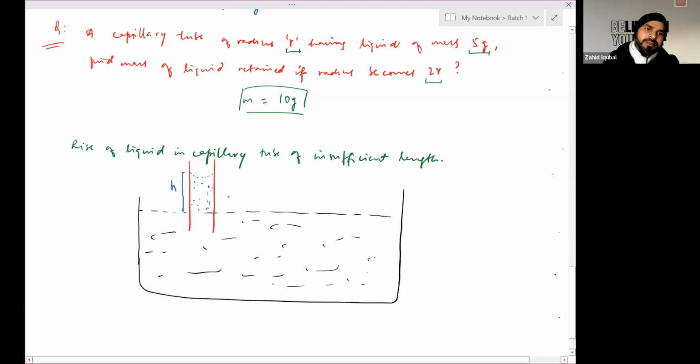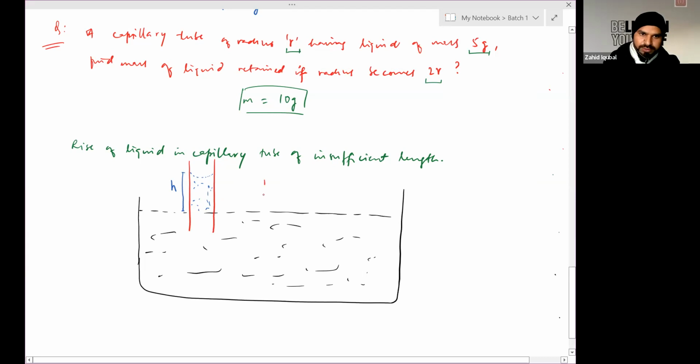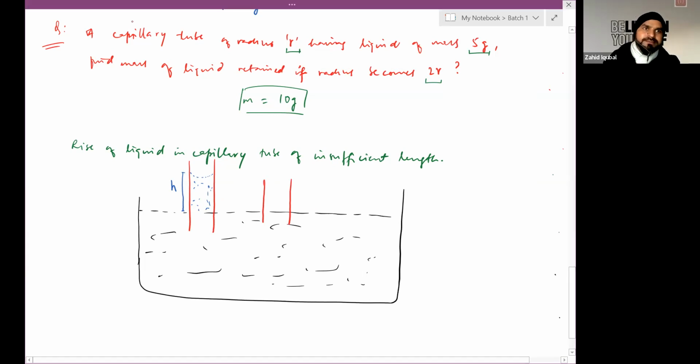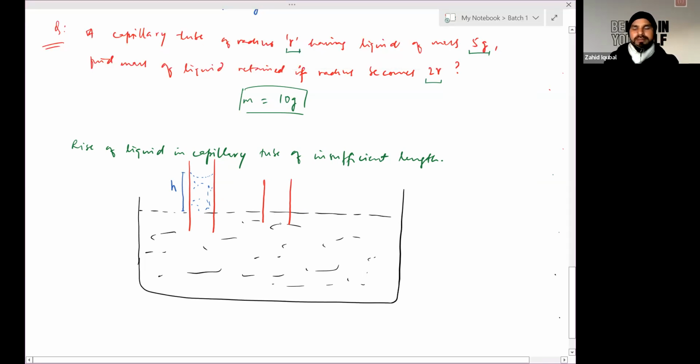Now, what will happen if you take a tube having height less than h, or just h by 2? Suppose you have inserted a tube of this much size, which is smaller as compared to h. Hamza, what will happen in this case?